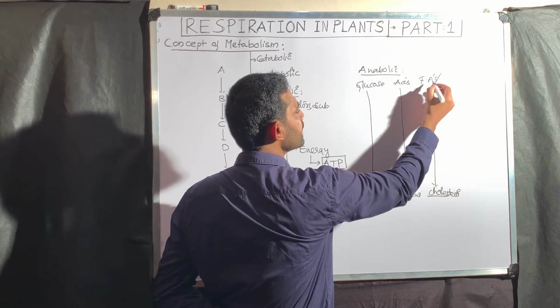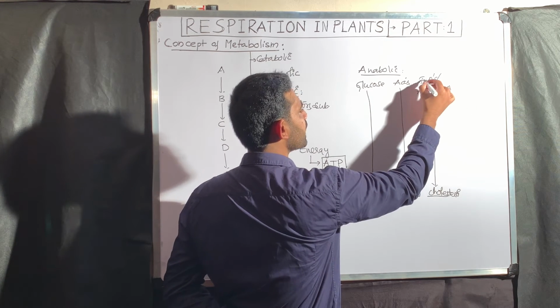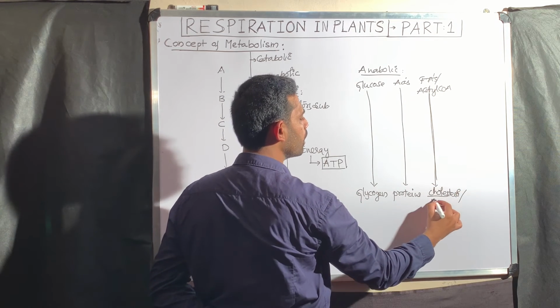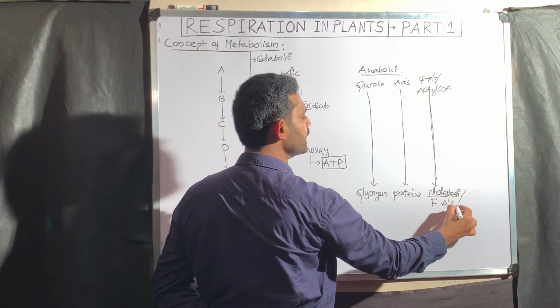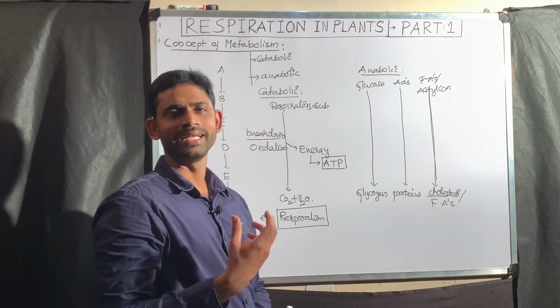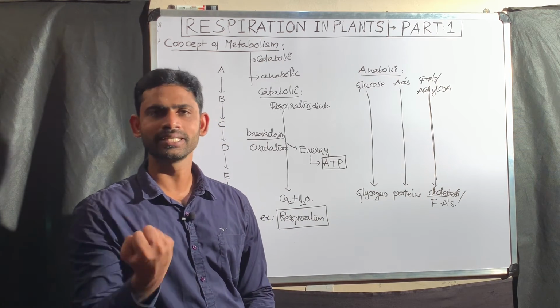Otherwise, instead of fatty acid, you can take acetyl-CoA, which is involved in the synthesis of cholesterol or of fatty acids. Nucleotides undergo polymerization, resulting in the formation of nucleic acids.